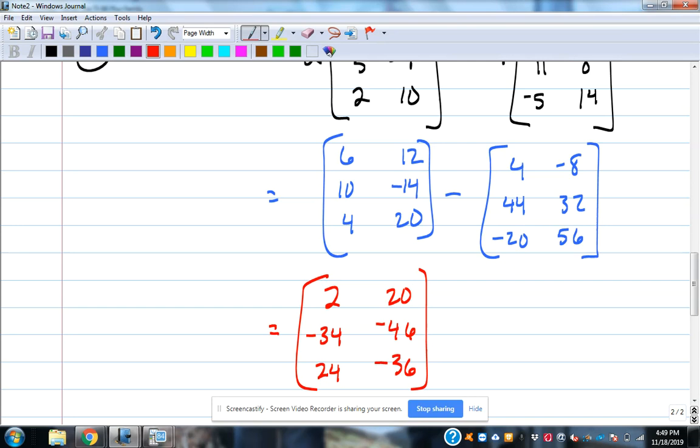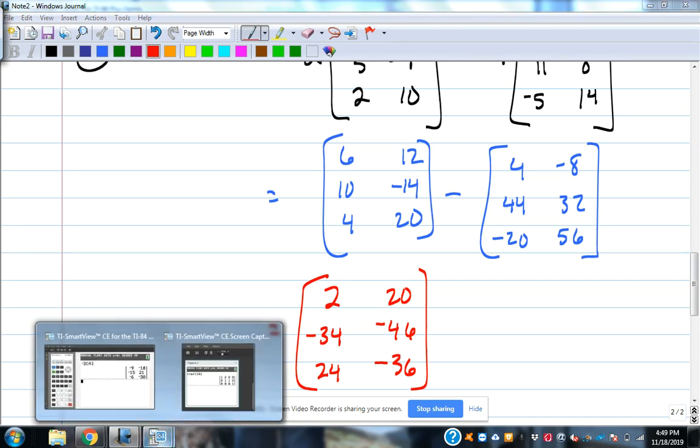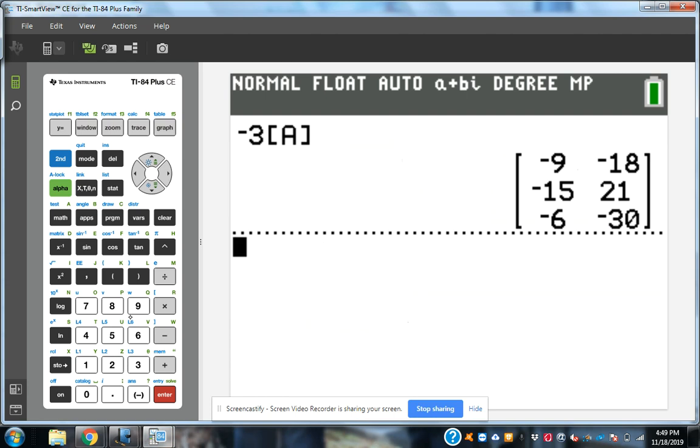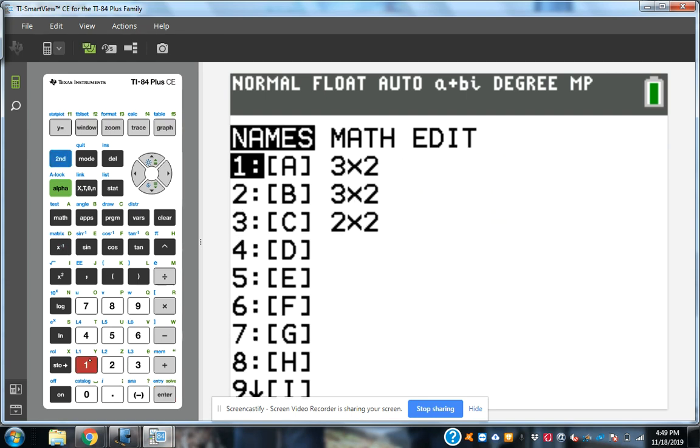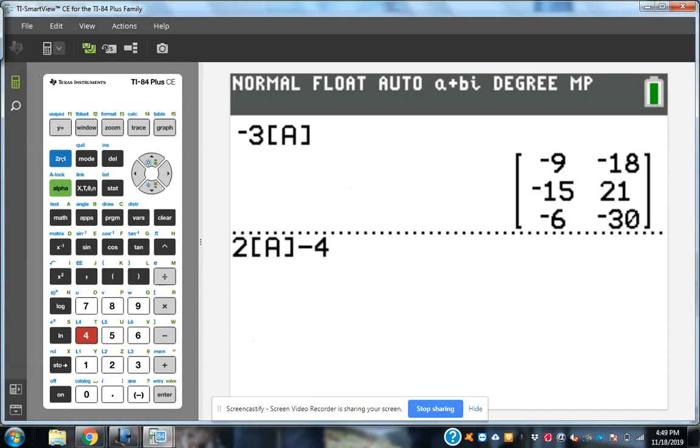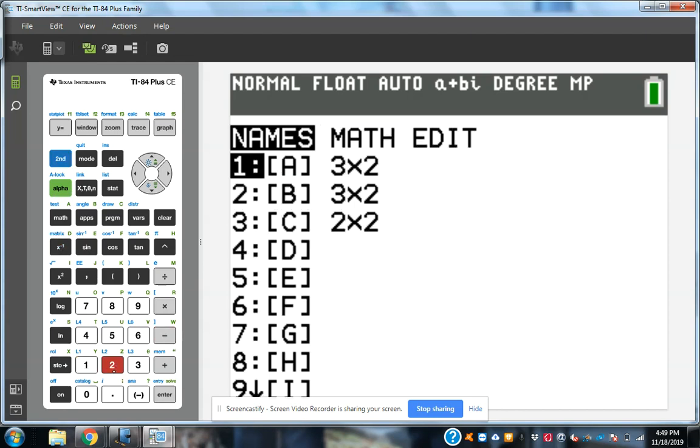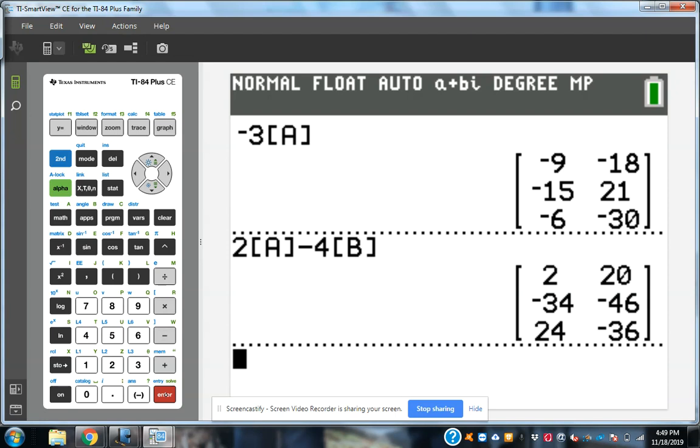I'm kind of prone to doing that sometimes. So if I put those matrices in my calculator like I have, I could just do 2 second matrix A minus 4 second matrix B and hit enter, and it cranks out that problem for me.